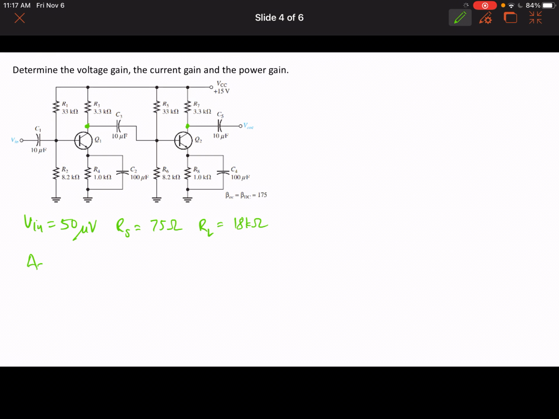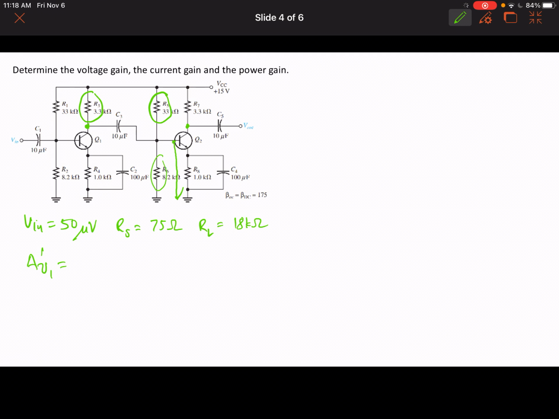So the voltage gain at that point is given by whatever resistance the AC voltage sees here. And it sees actually R3, R5, R6, and the input base resistance, which you can find here.